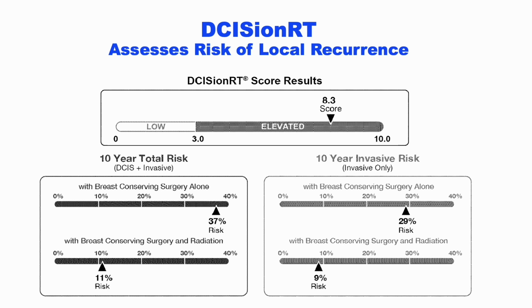So the point here is that this tool allows you to estimate that 10-year risk of recurrence and make a decision about whether or not the impact of radiation therapy is significant enough to make it a reasonable consideration for a patient with DCIS.